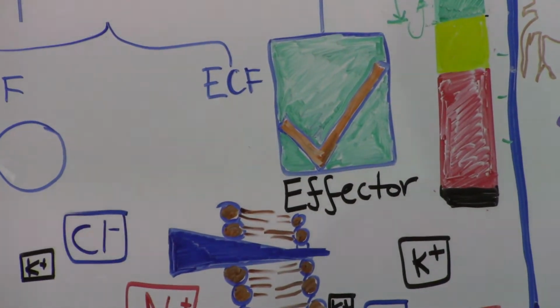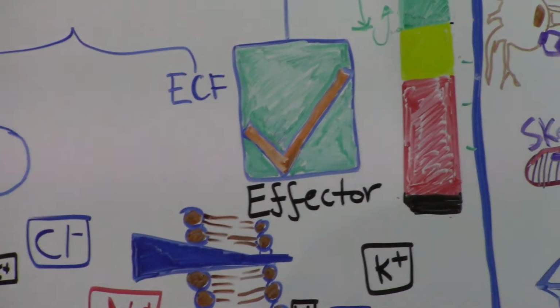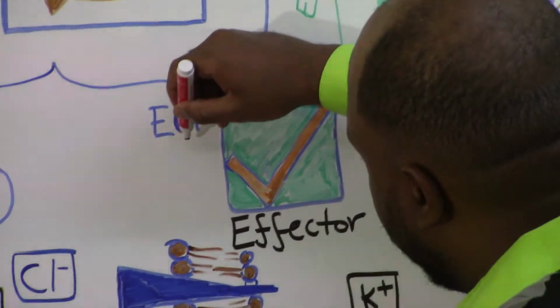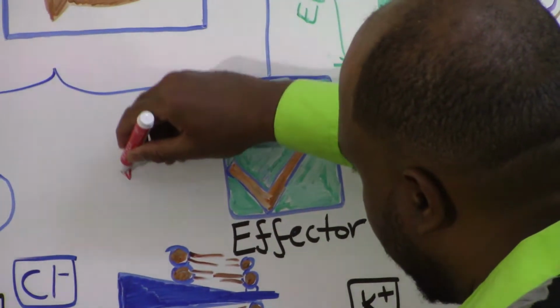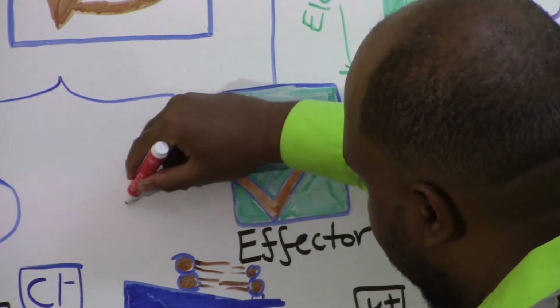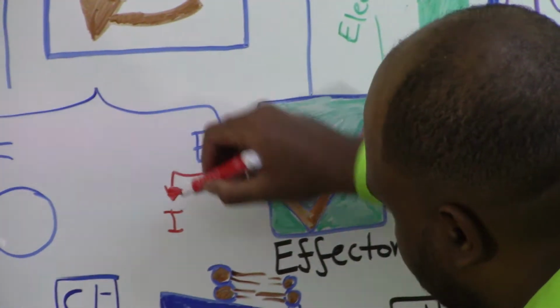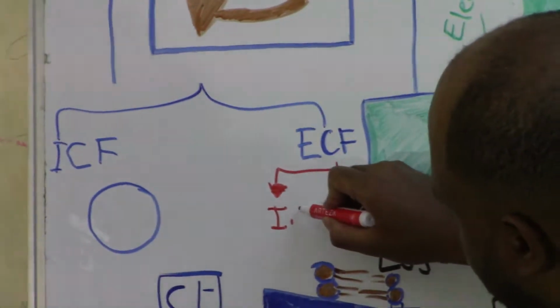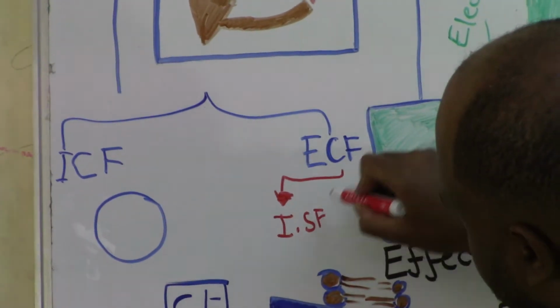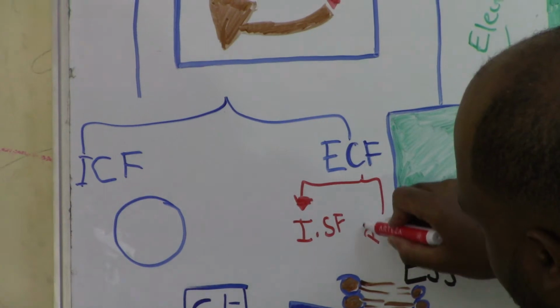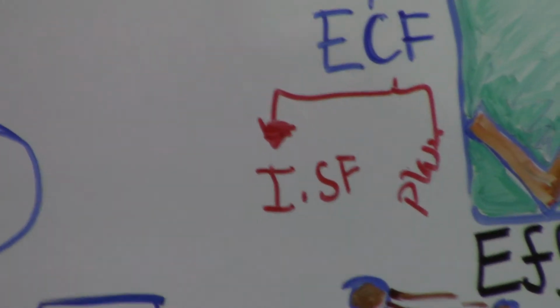Now, the extracellular fluid compartment is divided into two very important zones: the interstitial fluid, and the plasma in the blood vessels.